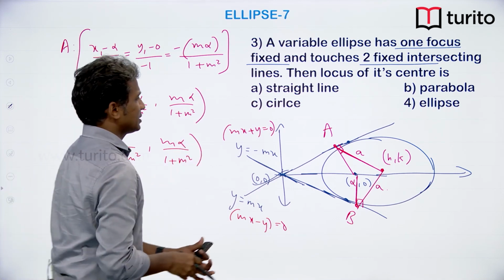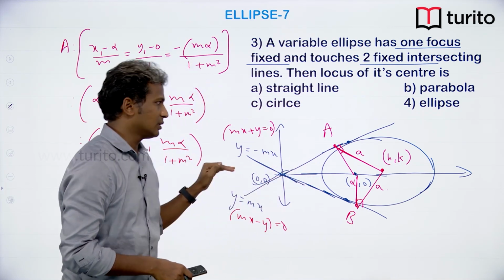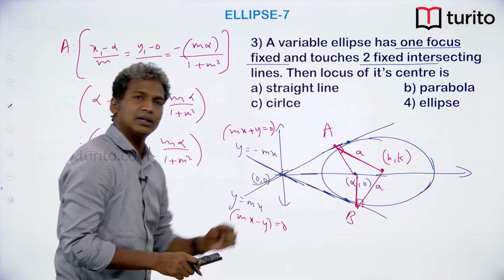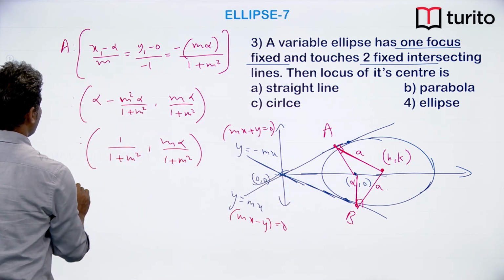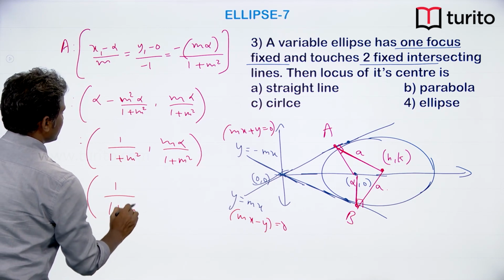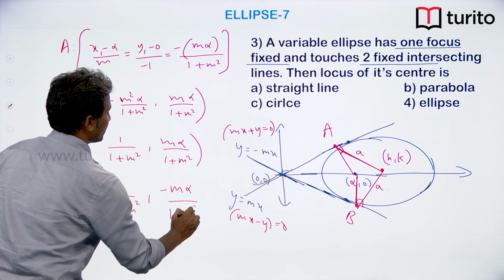Because these two lines are symmetric with respect to x axis, because this point is on the x axis, the other foot can be directly written by only changing the y coordinate. So, 1 by 1 plus m square, and here minus m alpha by 1 plus m square.